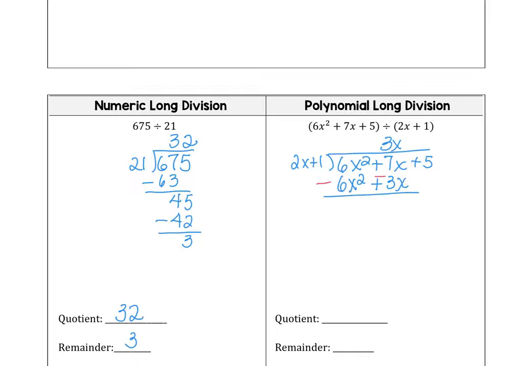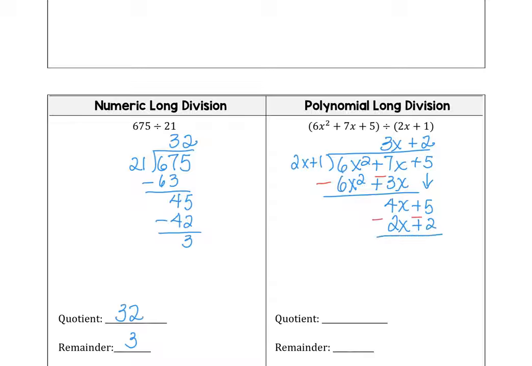When we subtract the next line, 7 minus 3 is 4 x's. Bring down the 5 and repeat that process. 2x divides 4x 2 times. 2 times 2x is 4x, and 2 times 1 is 2, and then we subtract.